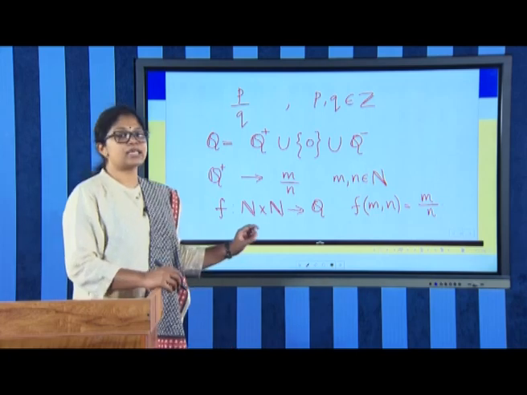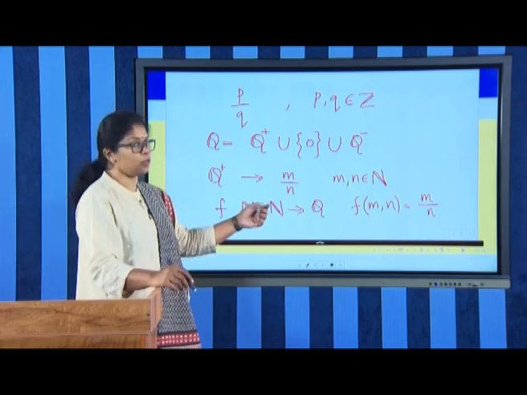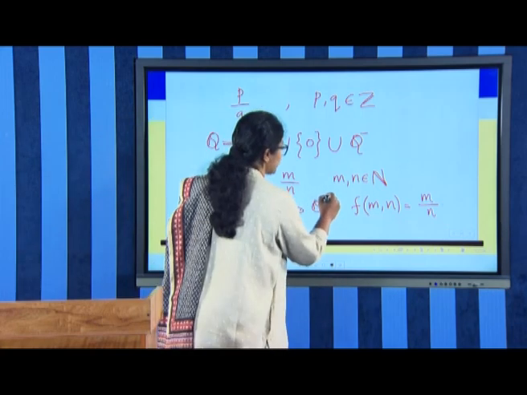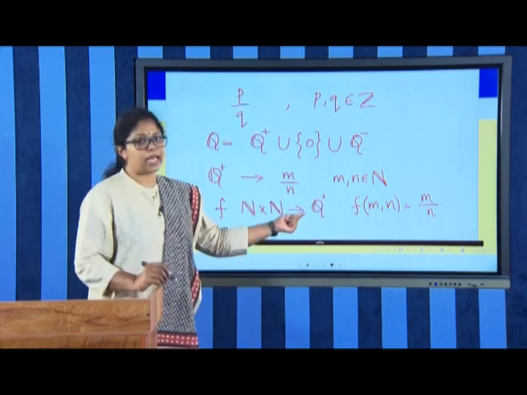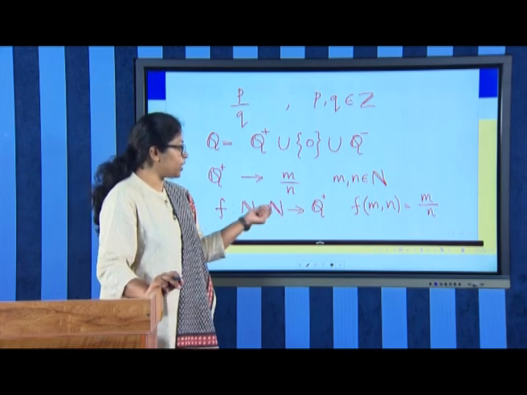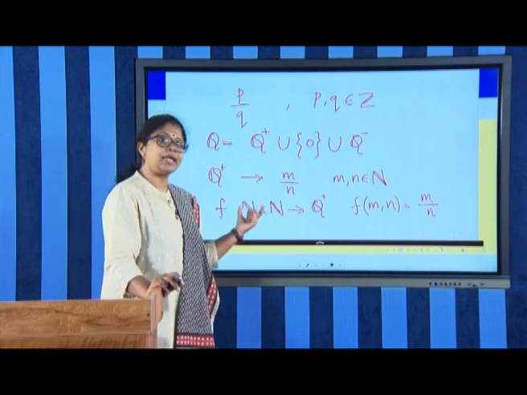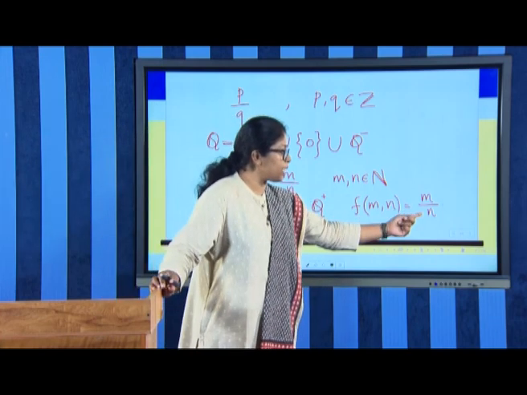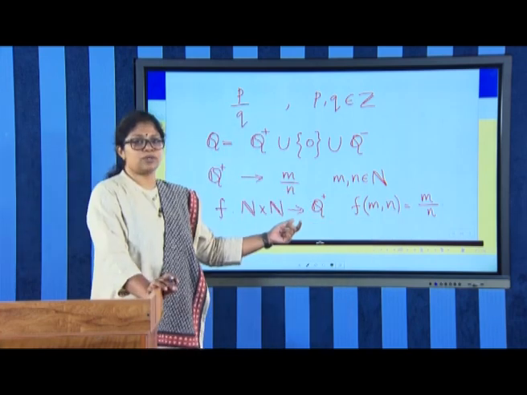Now, this is exactly a one-one and onto function, because for every rational number in Q plus, we have an m and n in N cross N, such that f of m comma n is equal to m by n, and the converse also.